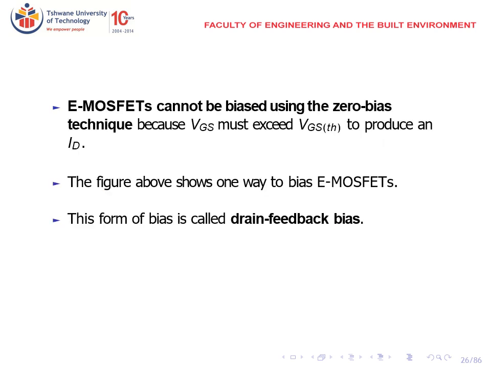An E-MOSFET cannot be biased using the zero biasing technique because VGS must exceed VGS threshold to produce an ID. The figure on the previous slide shows one way of biasing an E-MOSFET. This form of bias is called drain feedback biasing.